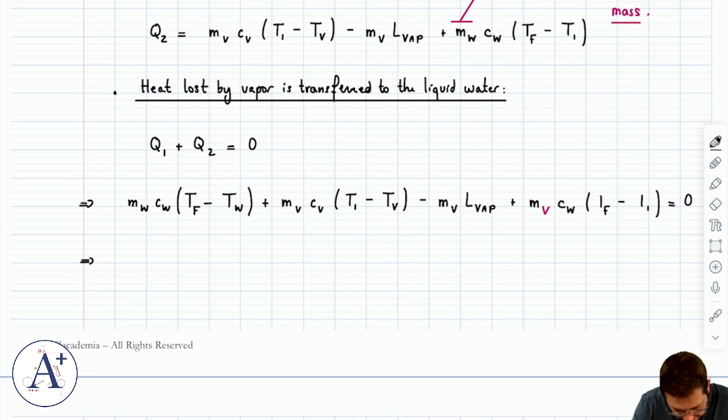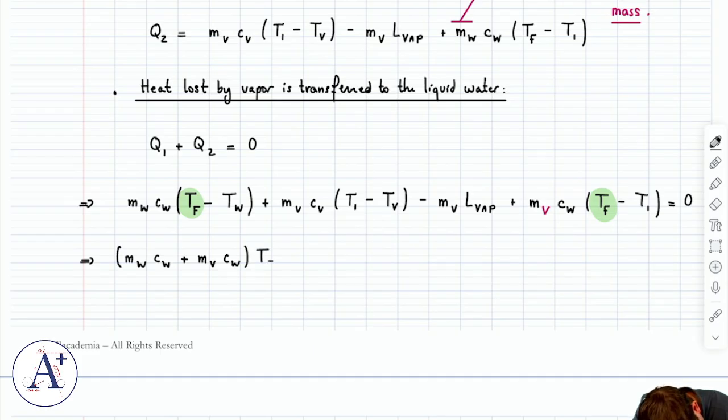And I am solving for T final. There we go. Where's T final? T final is here, and T final is here. So I have two terms that include T final. I have M water, C water, plus M vapor, C water, T final. And then the other terms are what?